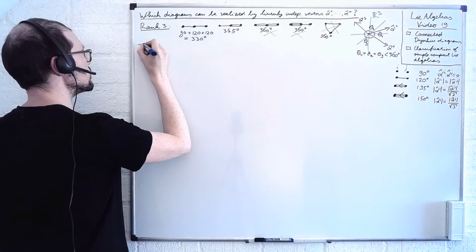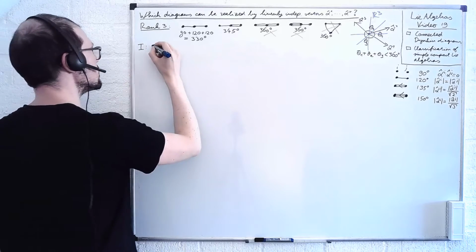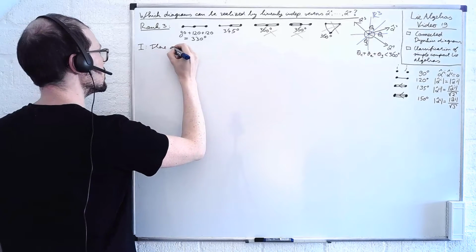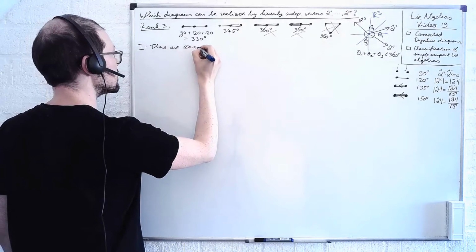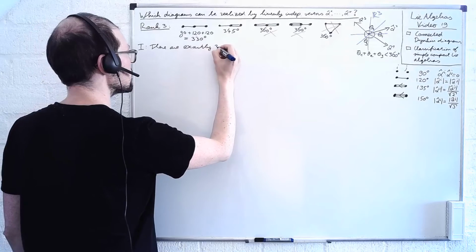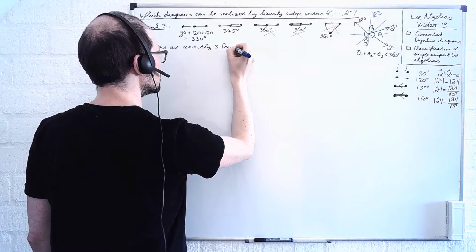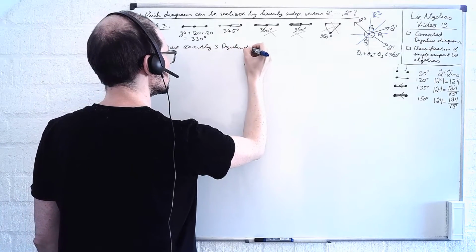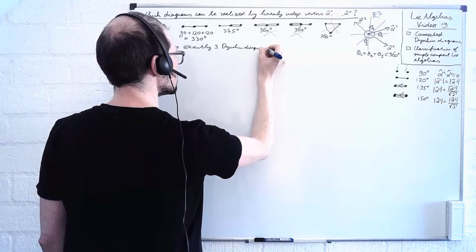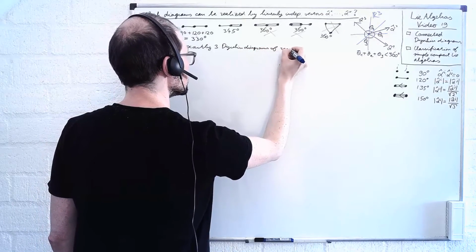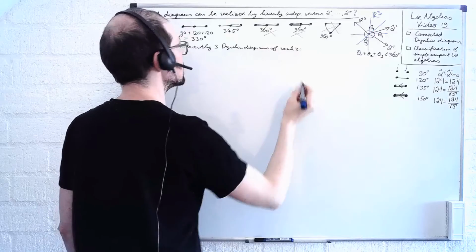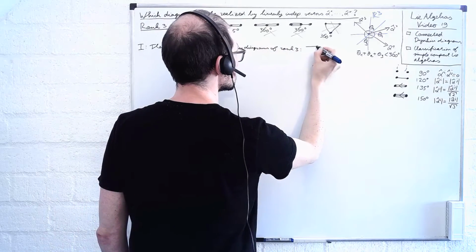So this is Lemma 1, so let me write the result. There are exactly 3 Dynkin diagrams of rank 3, and they're exactly these ones.